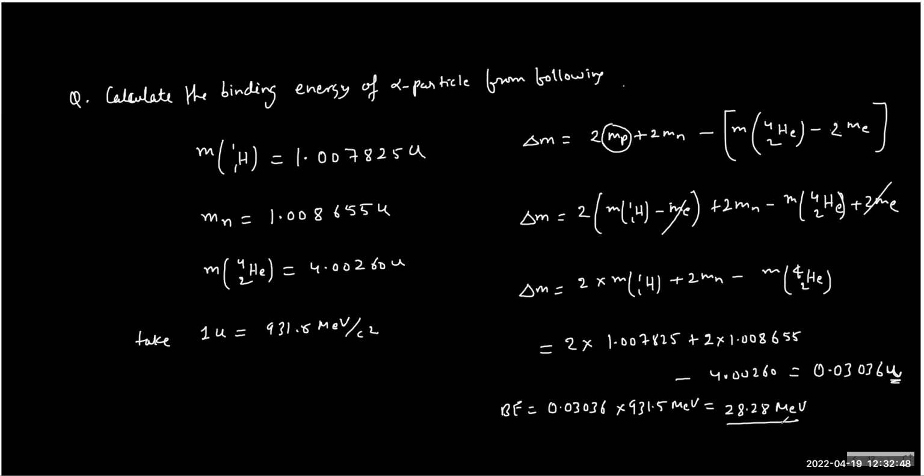So you can understand this way that during the formation of a helium nuclei, this much energy was released to the surrounding. So if you supply this much energy to the helium nuclei now, it will break back into the constituent protons and neutrons. That's the whole idea of binding energy for a nuclei. Okay.